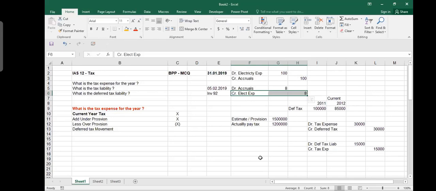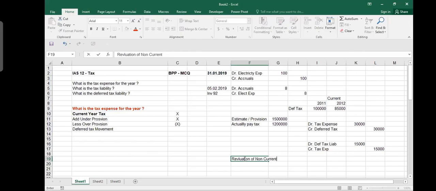Now, how does it happen in here? Why did it decrease? Because your tax base decreased. Probably you have a non-current asset and impairment has happened. Listen, now I'm going back to the topic in detail. If there is a revaluation of a non-current asset, probably $50,000, and on this $50,000 you must pay 30% tax. You made a gain of $50,000 and you must pay the tax.